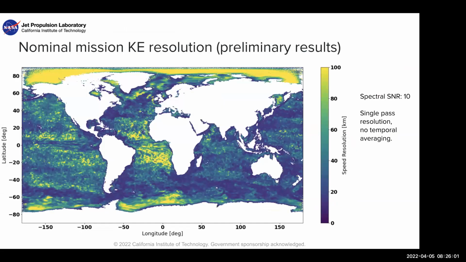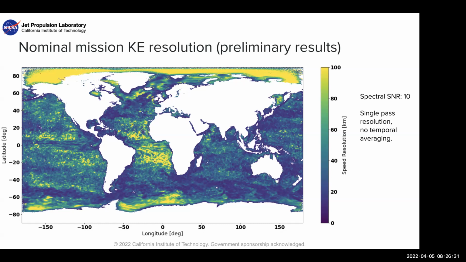So this is a hot off the press simulation of global estimates of what the kinetic energy resolution is with a signal to noise ratio of 10. Bluish things are where you're resolving things at scales of less than 30 kilometers. Green are between 30 and let's say 60 kilometers, and you start to get yellow from about 70 to 100 kilometers.